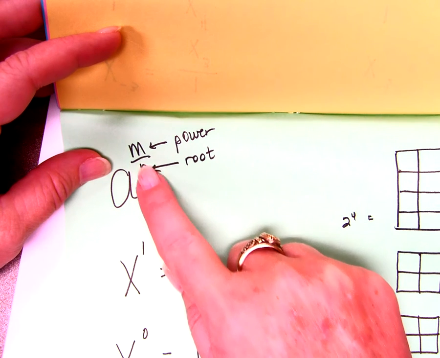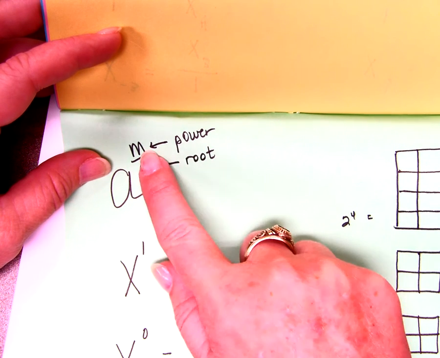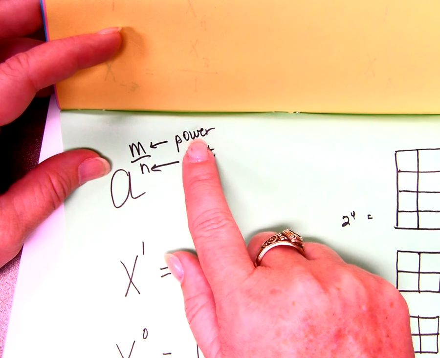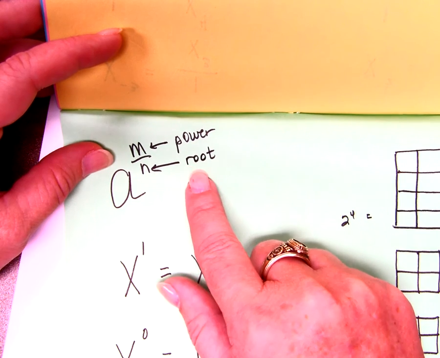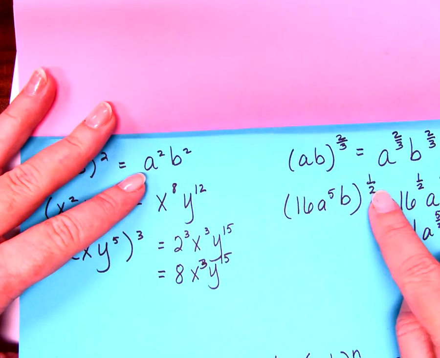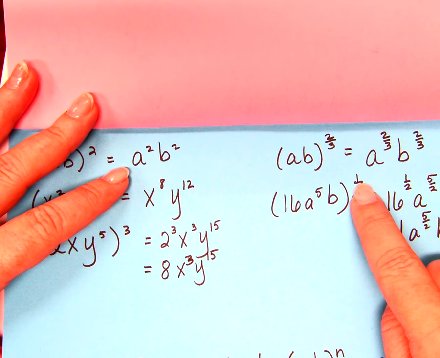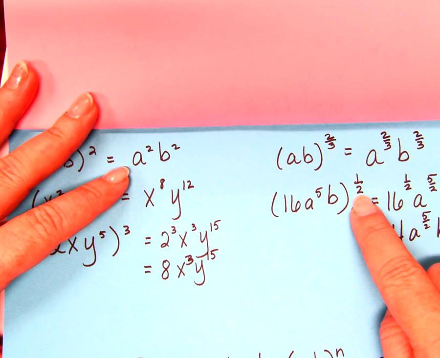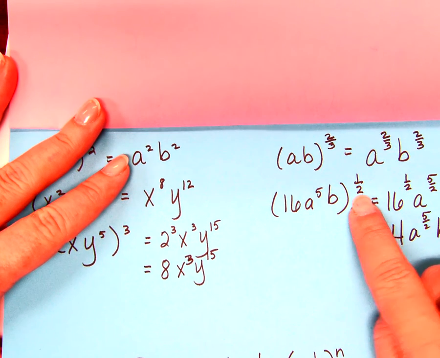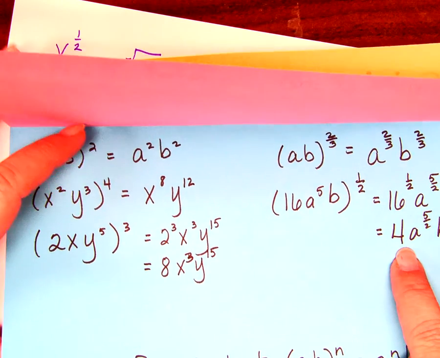A to a fractional power or a rational power: the numerator of that fraction is the power, the denominator of that fraction is the root. So if I have something to the 1/2 power, the top is the power, so 16 to the 1st power. A 2 on the bottom means a square root. So the square root of 16 would be 4. Does that make sense?